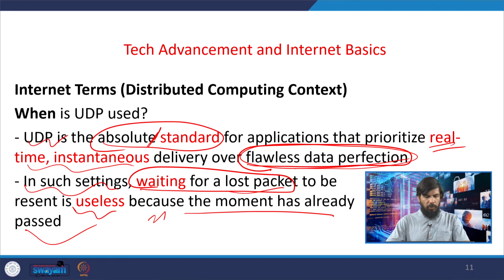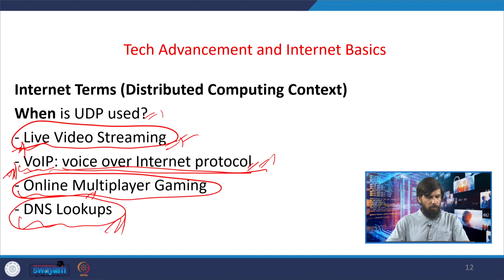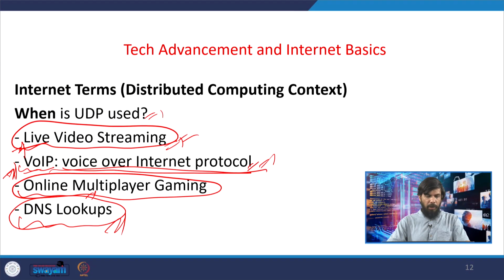The use cases we discussed are real time and instantaneous. In these applications, if a packet is lost, it is meaningless to get it back, because that moment has passed and the packet is no longer useful. Some use cases for UDP are live video streaming, VoIP, online multiplayer gaming, and DNS lookups.